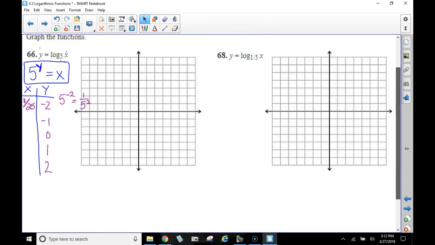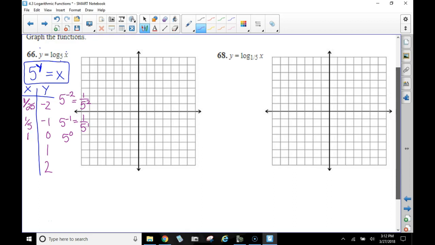There we go. 1/25. When y is -1, x is equal to 5 to the -1st. That's the same thing as 1 over 5 to the +1st, or just 1/5. Okay? When y is 0, x is 5 to the 0, which is 1.